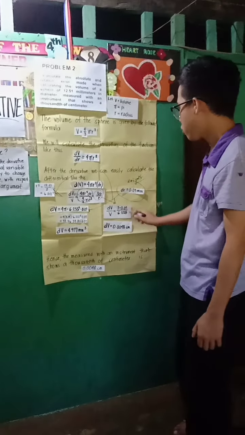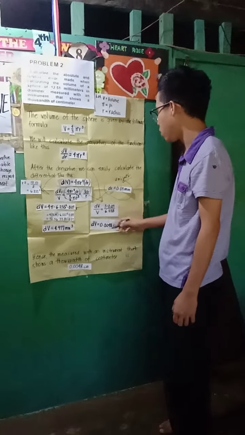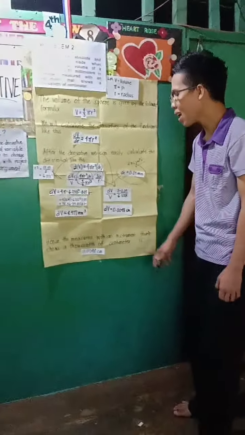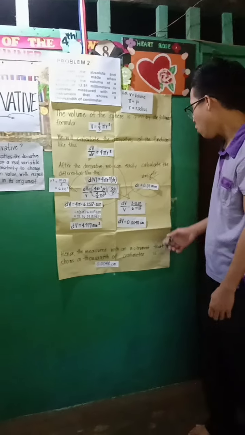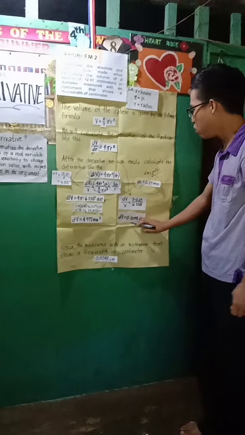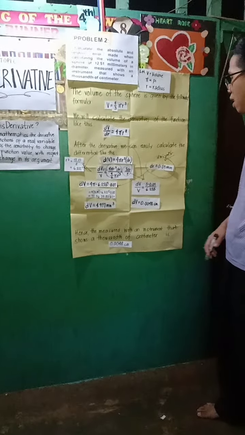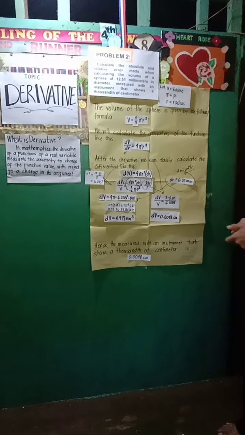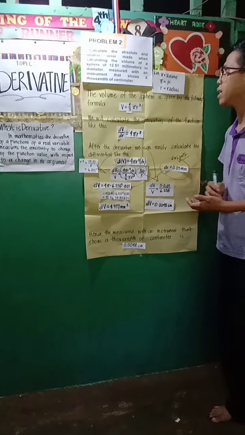So the total relative error is equal to 0.0048. Hence, the error measured with an instrument that shows a thousandth of a centimeter is 0.0048, thousandths.